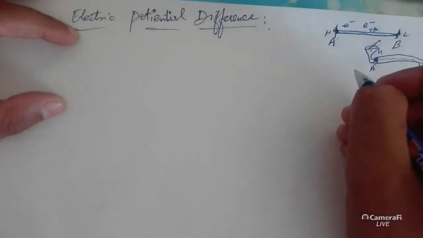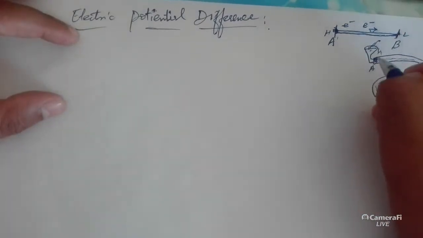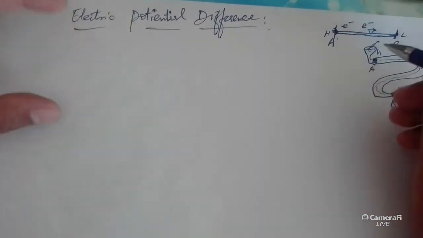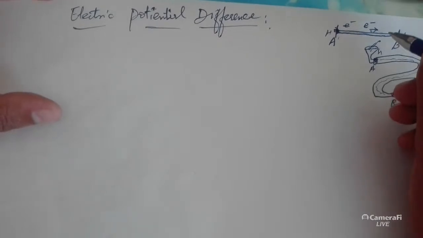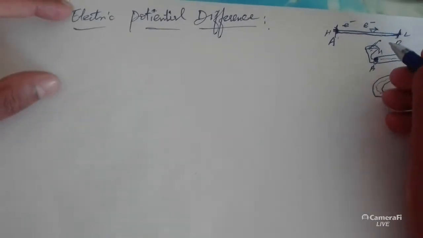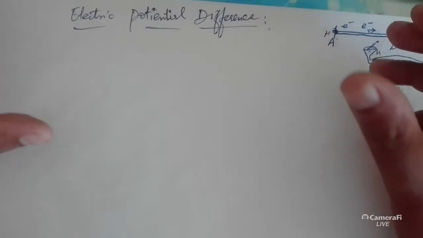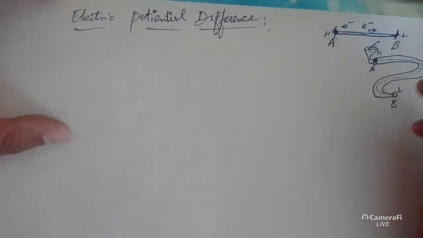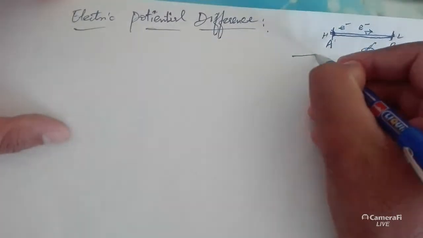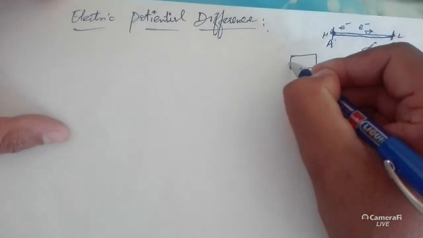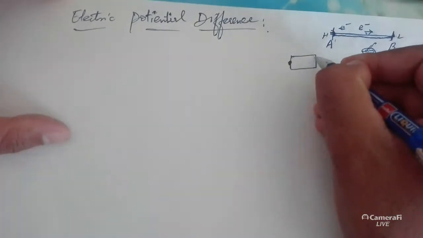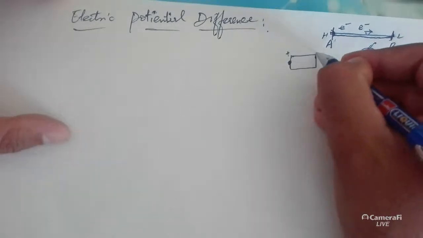In the case of electric current, the flow of charge is made possible due to chemical action, using a cell that generates the potential difference across its terminals. So we have a small cell. In that cell, we are all aware, this is the positive terminal and this is the negative terminal.